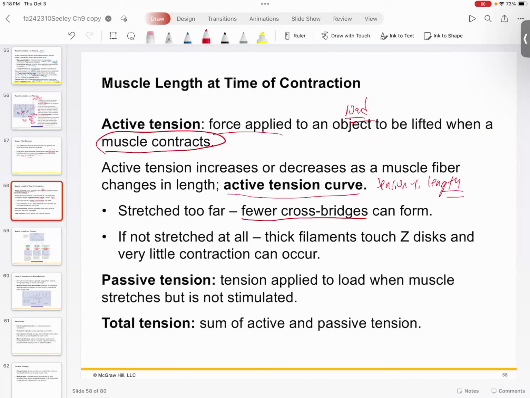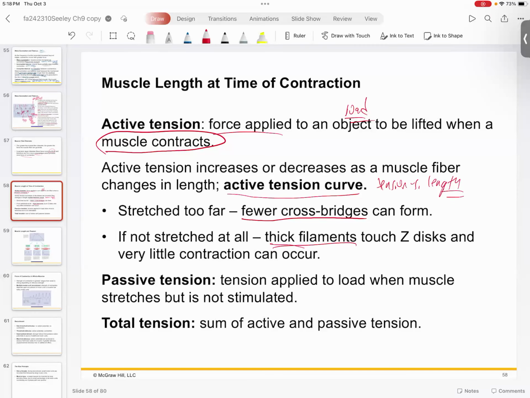And so that would be a situation where you're stretched beyond your means. And so the thick filaments, the myosin, won't have any actin to grab onto. So it'll be kind of off the end.